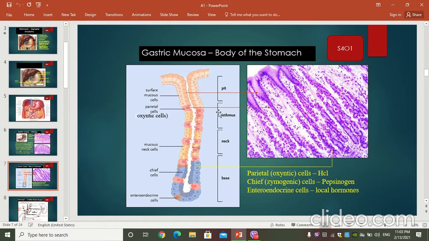At the isthmus of the gastric glands, oxyntic cells or parietal cells. At the neck, it is mostly mucus secreting cells. At the base, there are chief cells and enteroendocrine cells.